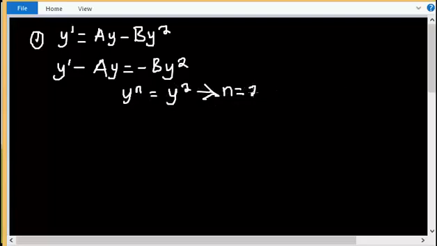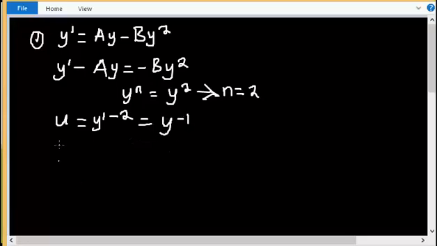So introducing the changing variable, where we use u to represent y raised to power 1 minus n, and n now is 2. If we do this, 1 minus 2 gives me minus 1, so that's going to be y raised to power minus 1.